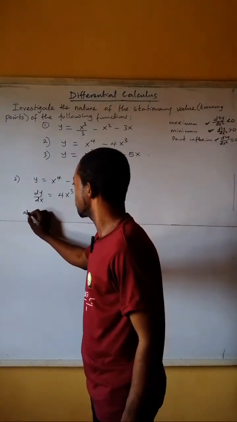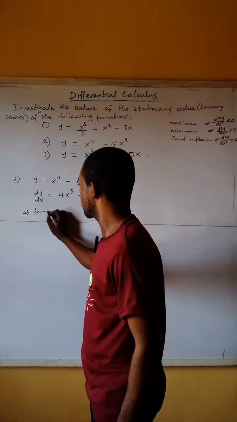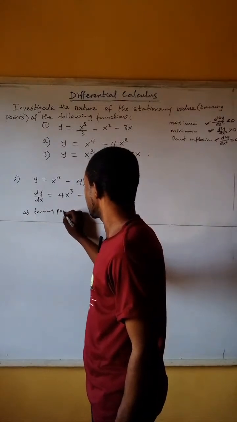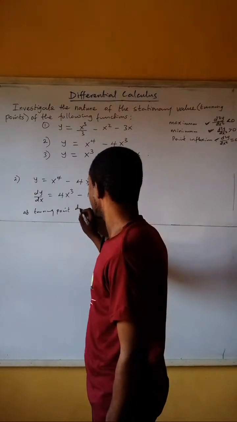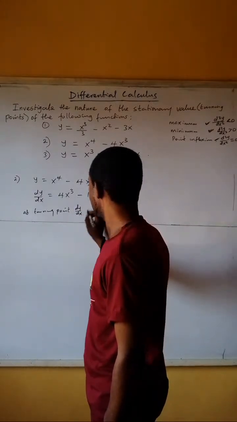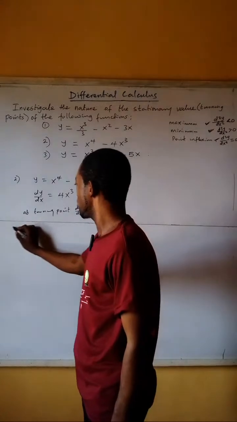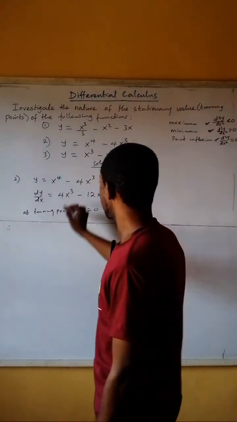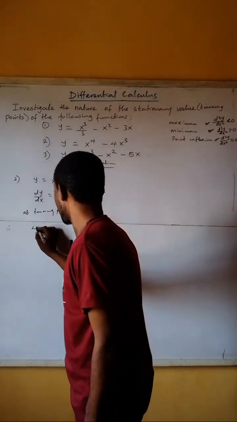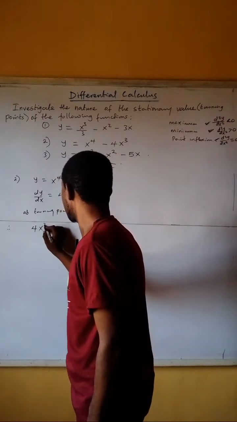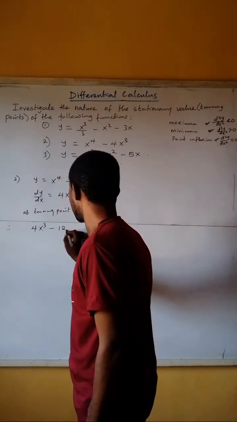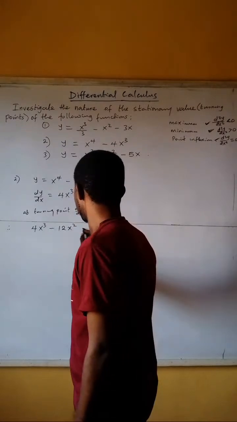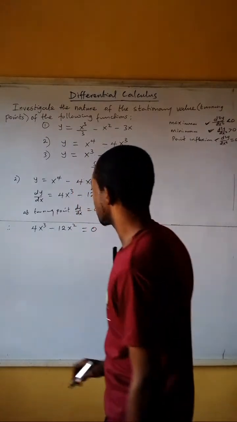dy/dx will be equal to 0, then what we have here, we equate it to 0, and we have 4x cubed minus 12x squared equals 0.